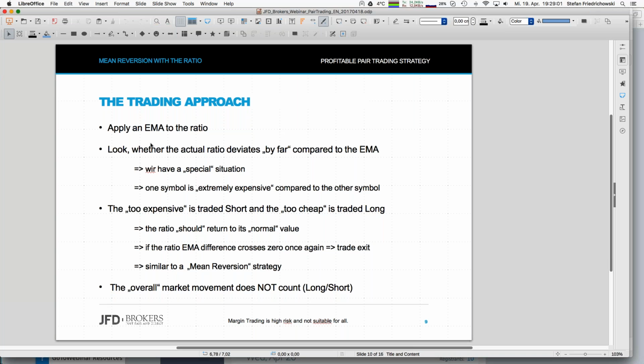And whenever we find that situation, the trigger will be that the actual ratio compared to the EMA on that ratio deviates highly, and it does not depend on below or above. It means that there's one symbol being too expensive and the other one being too cheap. The trade will now be opened by the logic that what is too expensive will be traded short, and what is too cheap will be traded long.